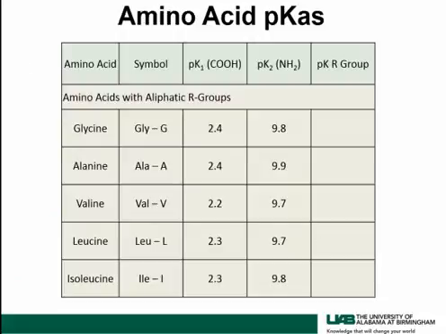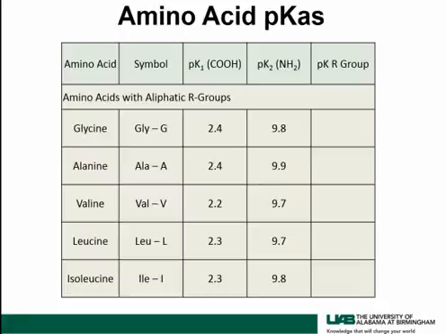Amino acid pKa's. So the pK values for amino acids are usually given in a table such as this. Now what you need to realize is when you look at an amino acid like glycine and you have two pKa values, one is going to be low and the other is high. Remember, pKa is the pH at which the hydrogen ion comes on or off, begins to come off.